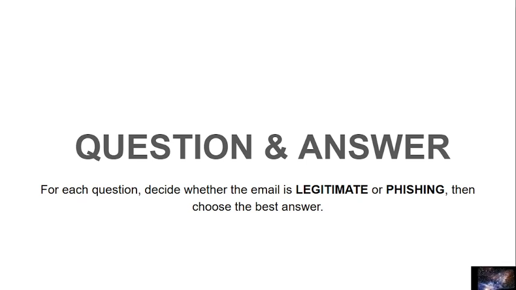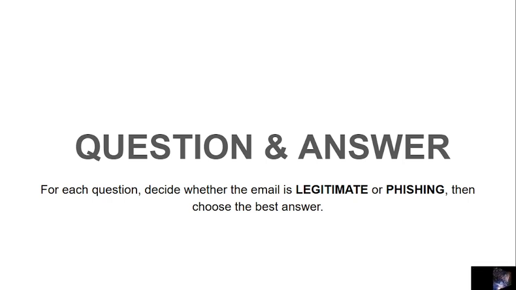Question and answer time. Having explained that to you, let's test your knowledge about what we have talked about so far. For each question, decide whether the email is legitimate or phishing. That's why I call this tutorial a tabletop lab.